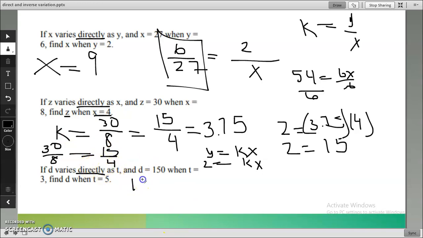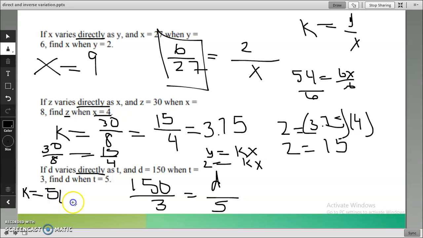We have 150 because d equals 150 when t equals 3. And I want to find d when t equals 5. Again, this can be used as my k value over here, which is 150 divided by 3, which is 50. We can use that k as our 50. So let's write that over here just in case we want to go back and show the other way.